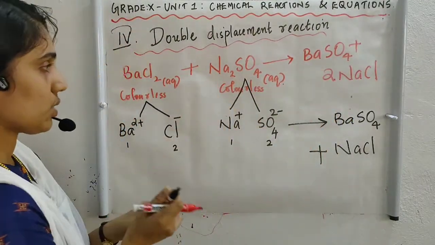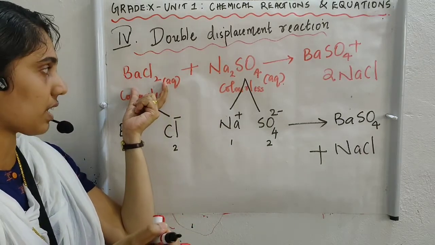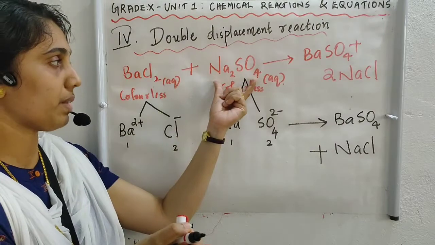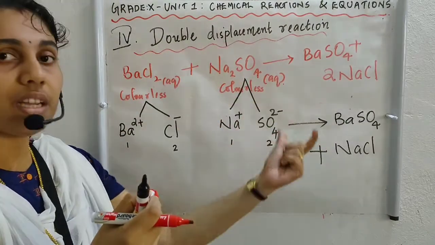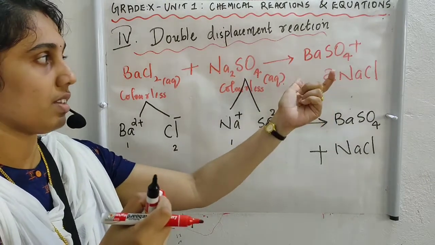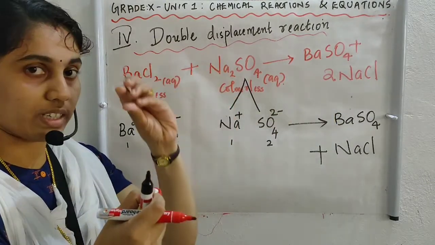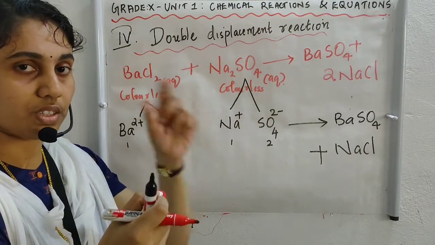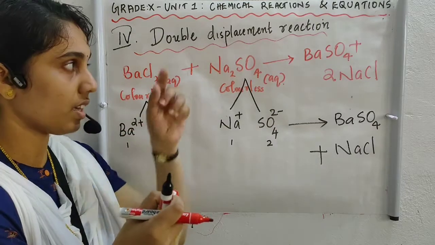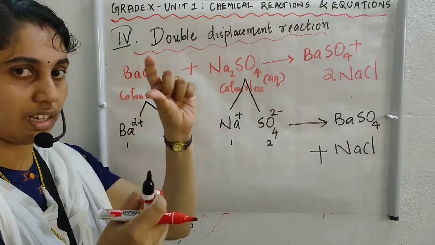In one test tube we take 5 ml of colorless barium chloride and 5 ml of colorless sodium sulfate, and we mix both. Immediately a white solution forms, and there is a white residue. On keeping it for centrifugation or settling, you can see a white solid depositing and a clear liquid.